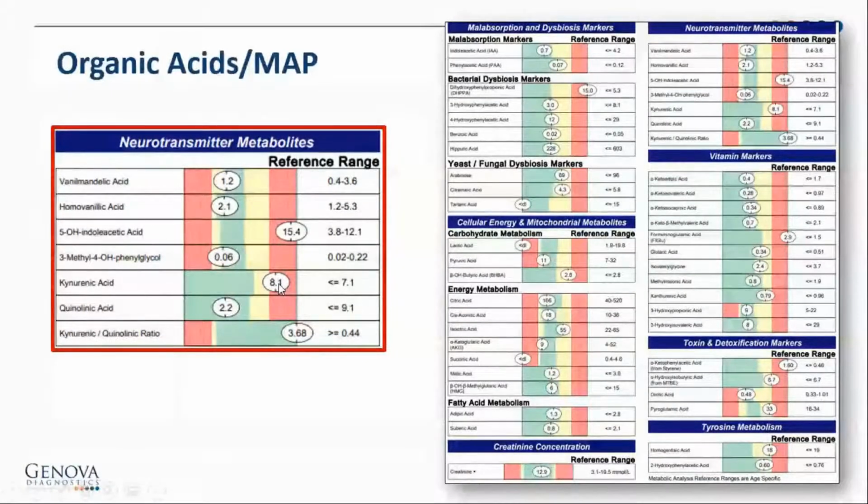Now, if kynurenic acid converts into high concentrations of quinolinic acid, that's even a bigger problem because quinolinic acid is a neurotoxin and it's excitatory to the nervous system, and over time can cause brain cell damage and cognitive issues. And that's why we look at the kynurenic quinolinic ratio. An elevation of that ratio is a good thing. We have the more protective kynurenic acid being made. If that were reversed and we had more quinolinic, that's a bigger problem, and you would see this number move to the red.